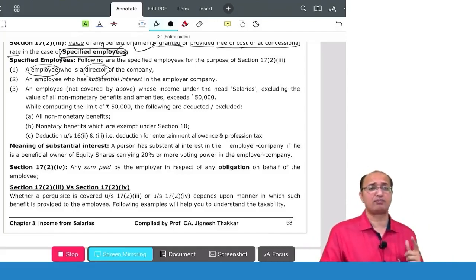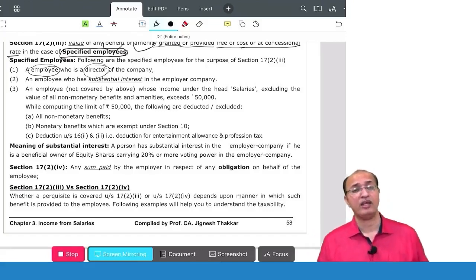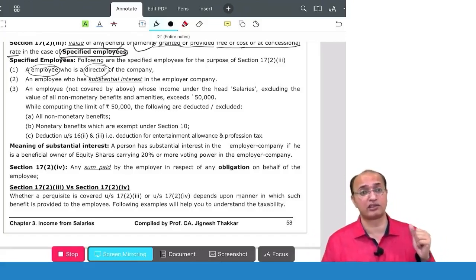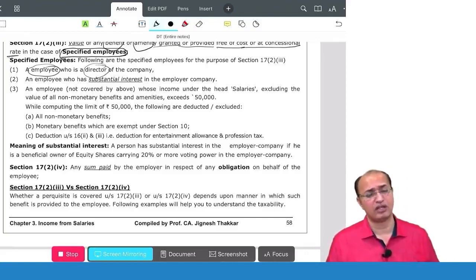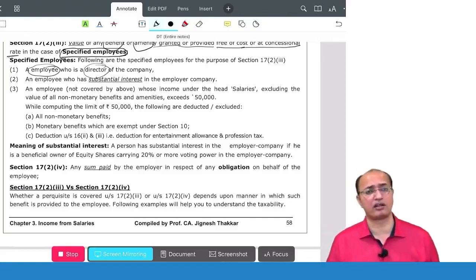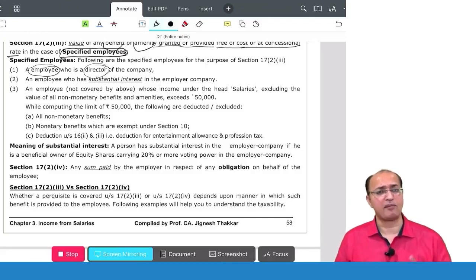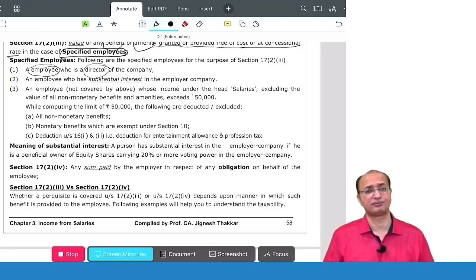At the beginning of the chapter, if you remember, we started with section 15, the charging section, wherein I explained the employer-employee relationship. While explaining that, I had told you that a director can be of two different types, full-time director and part-time director. If the director is a full-time director, then between the company and the director there is an employer-employee relationship. So the amount of remuneration received by the director is taxable under income from salaries.